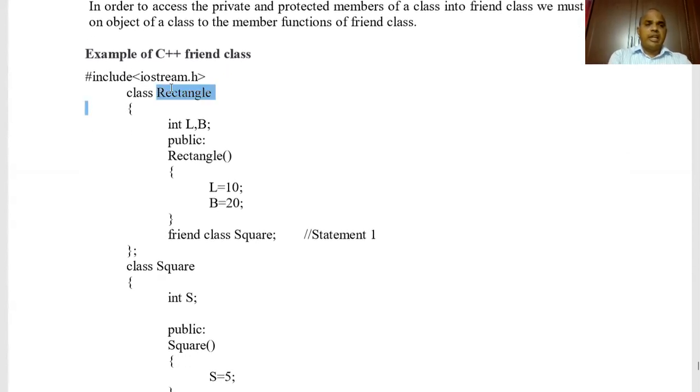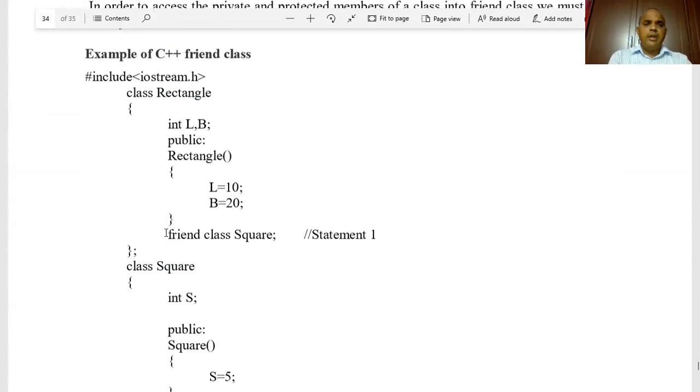The first class is rectangle, the second class is square. Then we have friend class square. Here square is a friend of the rectangle class.